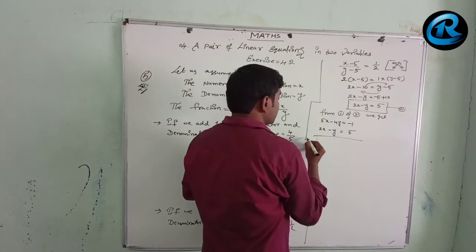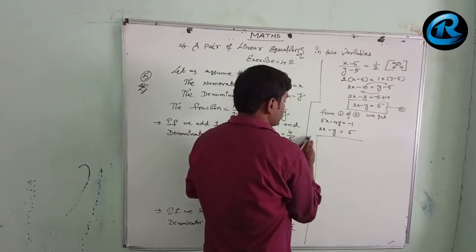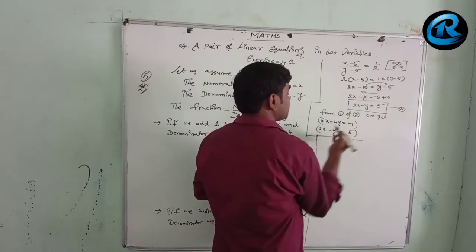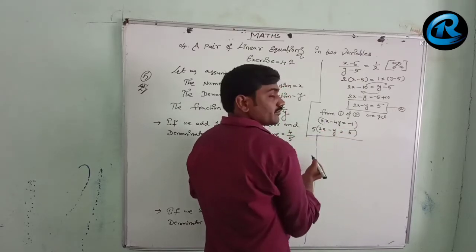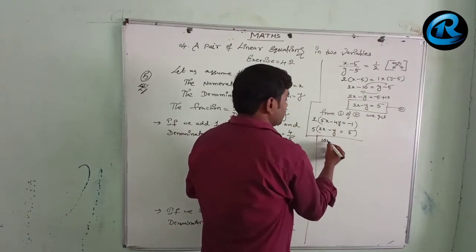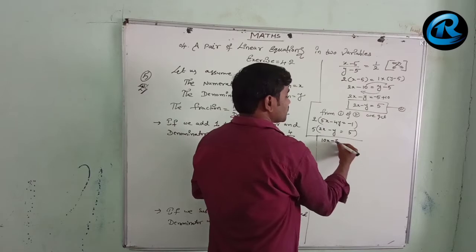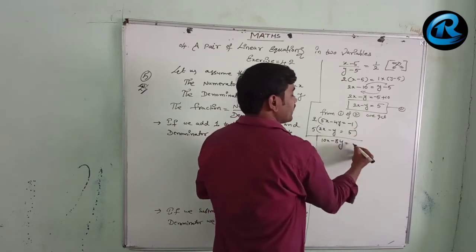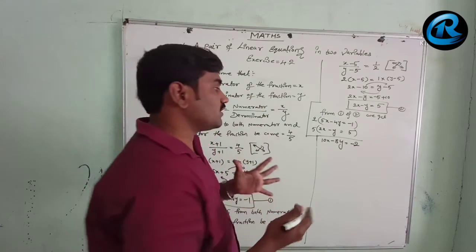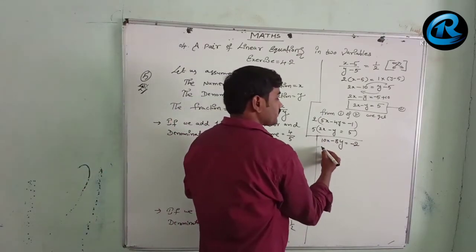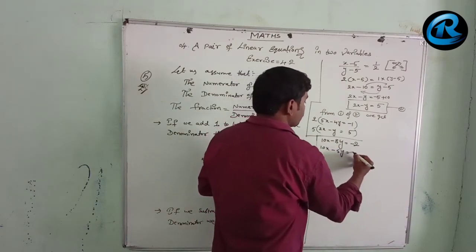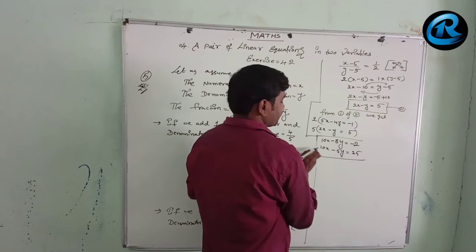As I said, how to make the x coefficients or y coefficients equal is very simple. Put brackets like this. This x coefficient you multiply here, and this x coefficient you multiply here. 2 fives are 10, so 10x minus 2 fours are 8, 8y equal to 2 into minus 1 is minus 2. Both the LHS and RHS we need to multiply. 5 into 2 is 10x minus 5 into y is 5y, equal to 5 fives are 25.